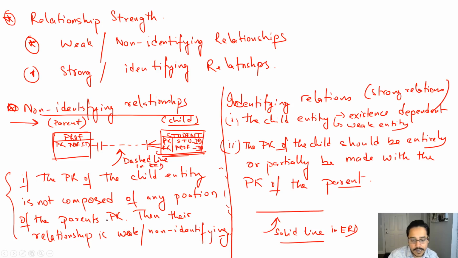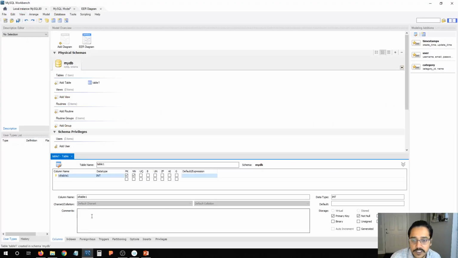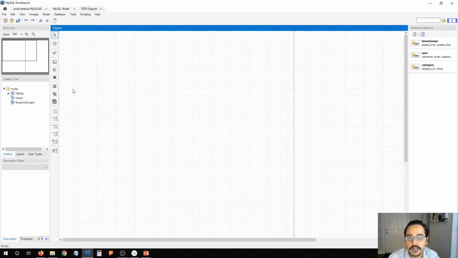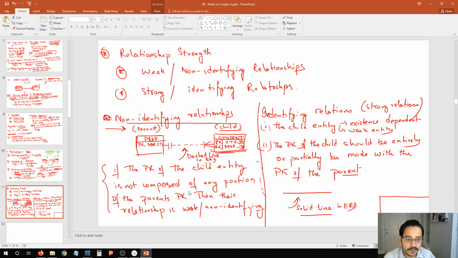So now you have the answer to the question as to why in this palette there are two different types of options for the same relationship. If you want to establish a 1:1 non-identifying relation, then you use this. If you want to establish a 1:1 identifying relation, then you use this. Okay, so that clarifies the design process as well.